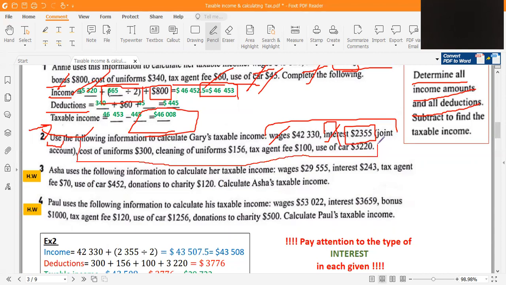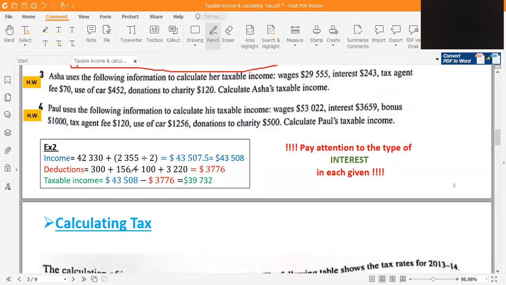So we subtract the deductions from the total income, as we see here, to obtain the taxable income of $39,732. We should pay attention to the type of interest given.